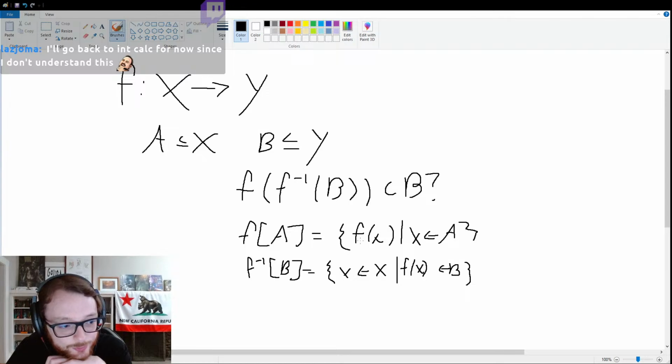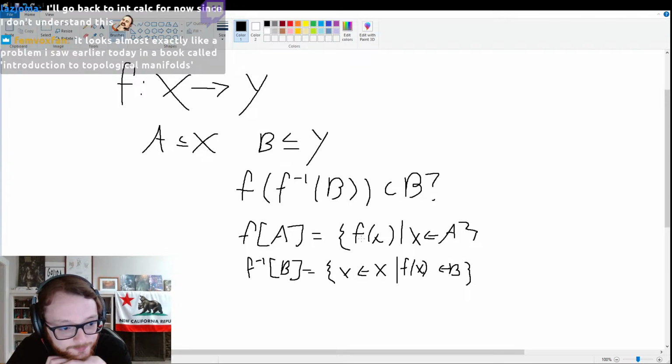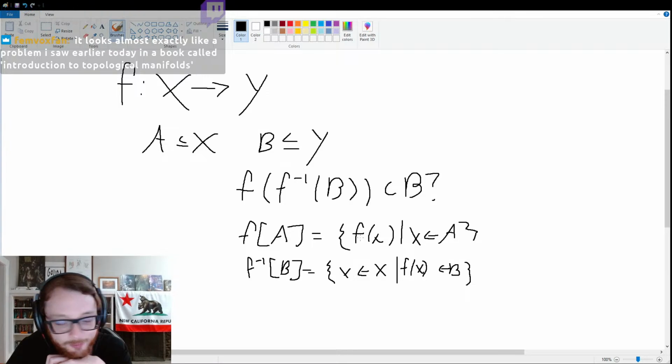Introduction to topological manifolds. Oh, wow. Yeah, this feels like an SPQ type question.